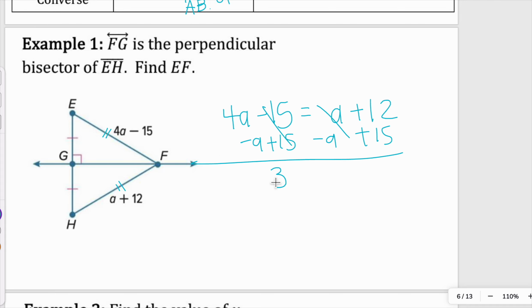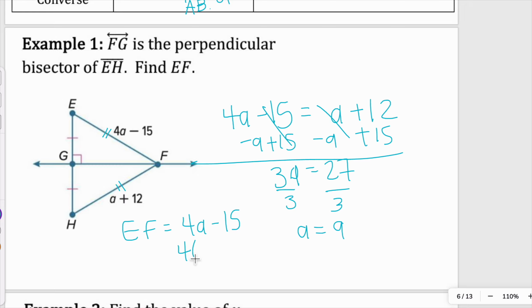I'm going to get 3A is equal to 27, and dividing both sides by 3, I get A is equal to 9. So to find EF, EF is equal to 4A minus 15, so that's 4 times 9 minus 15, or 36 minus 15. So EF is going to give me 21.